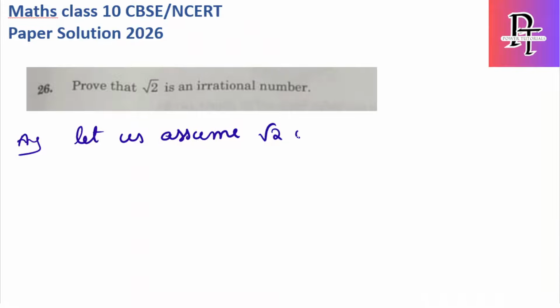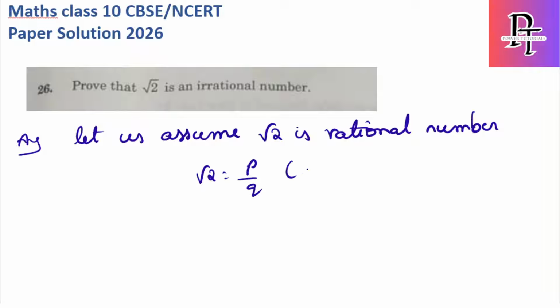root 2 is rational. So what is a rational number? It can be written in p by q form with q not equal to 0. So I'll write root 2 is equal to p by q, where q not equal to 0 and p, q are coprimes. What are coprimes? They are numbers which do not have any common factor between them.